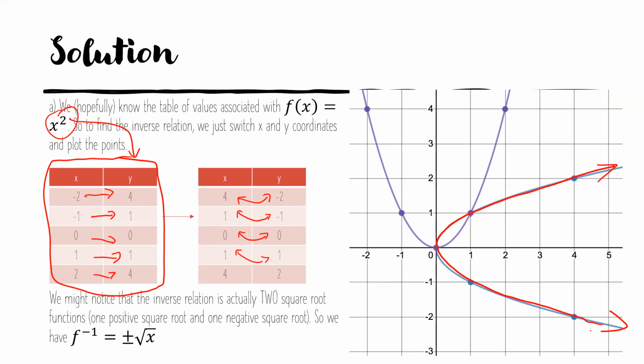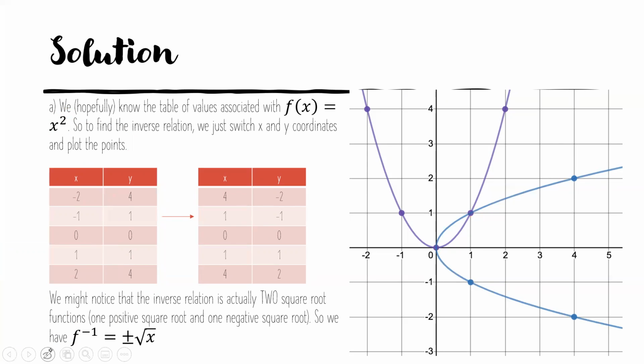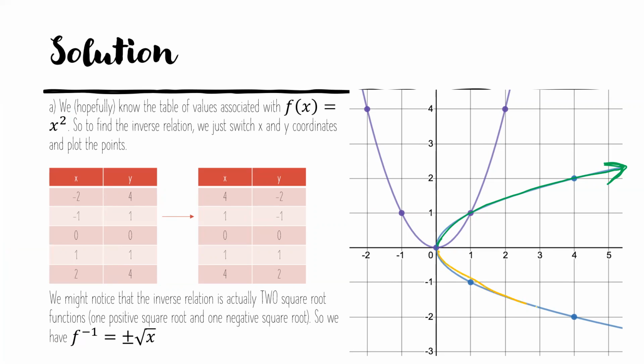What we notice is that it's actually a combination of two different types of functions. I'll erase this so you can see it more clearly. It's almost like we have the one positive square root at the top here, and then another negative square root at the bottom.